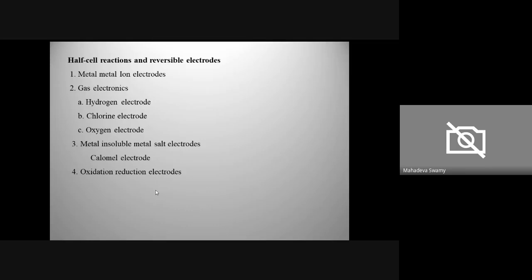We are using a platinum electrode for this. What happens? Oxidation and reduction both take place in a single electrode. That's why we call this an oxidation reduction electrode. Generally we use a platinum electrode. Here these are the four different types of reversible electrodes we observed.